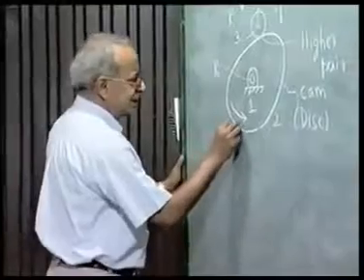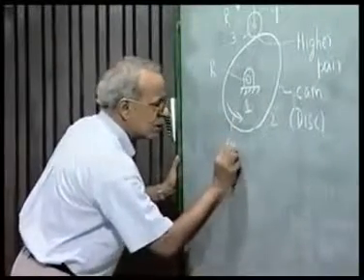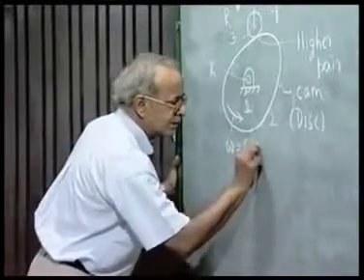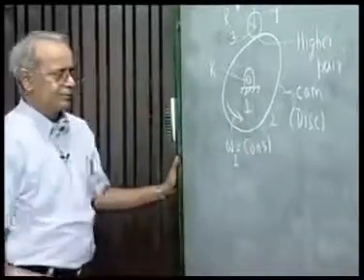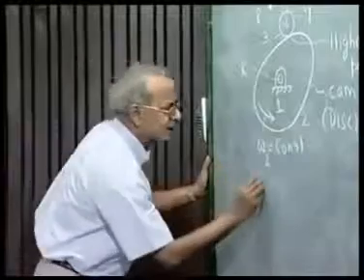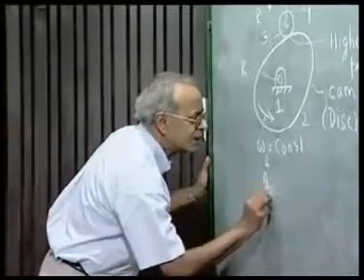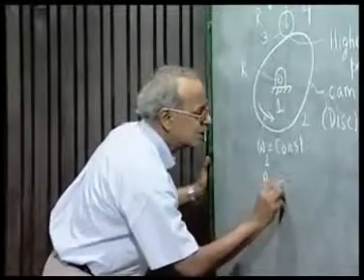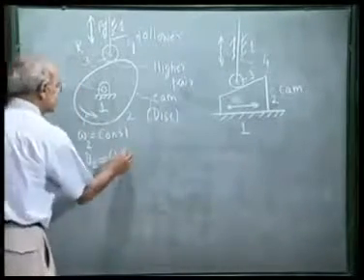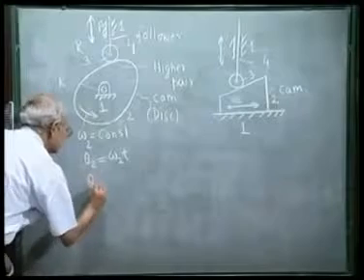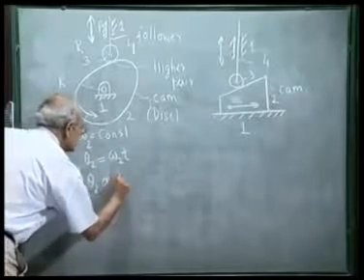Normally we will see that this has constant angular velocity. Omega 2 is constant. So the rotation of this cam, theta 2, is omega 2 into t, where t is the time. We can see this theta 2 is proportional to time.